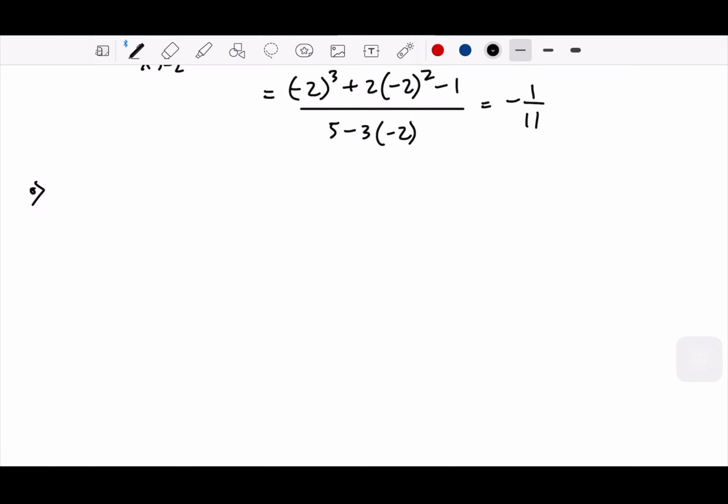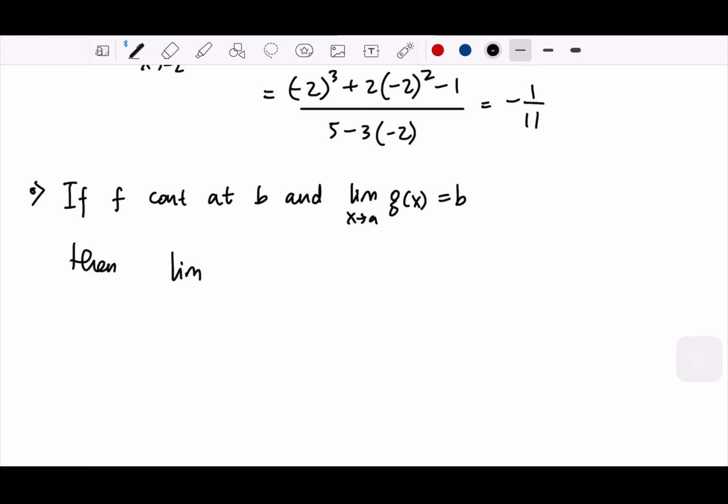Okay, another theorem that will probably be considered: if function f is continuous at b and the limit as x approaching a of g(x) is b, then the limit as x approaching a of f(g(x)), which is a composite function, is equal to f(b).